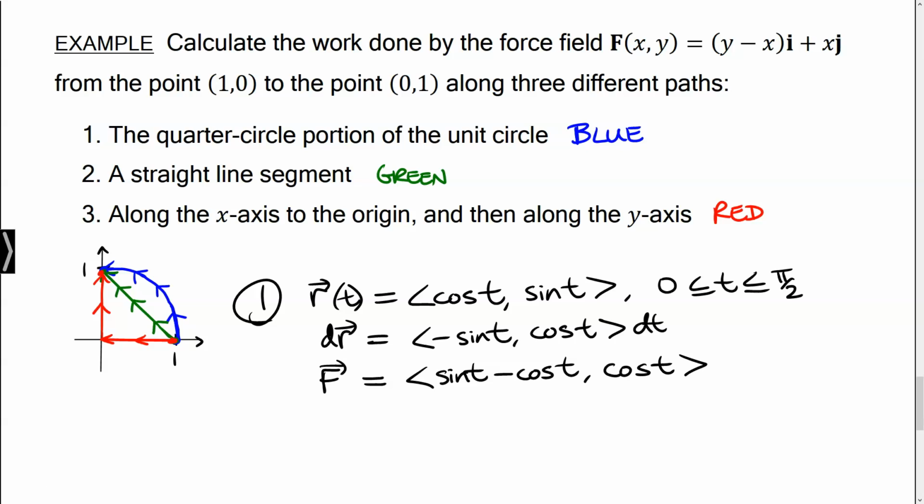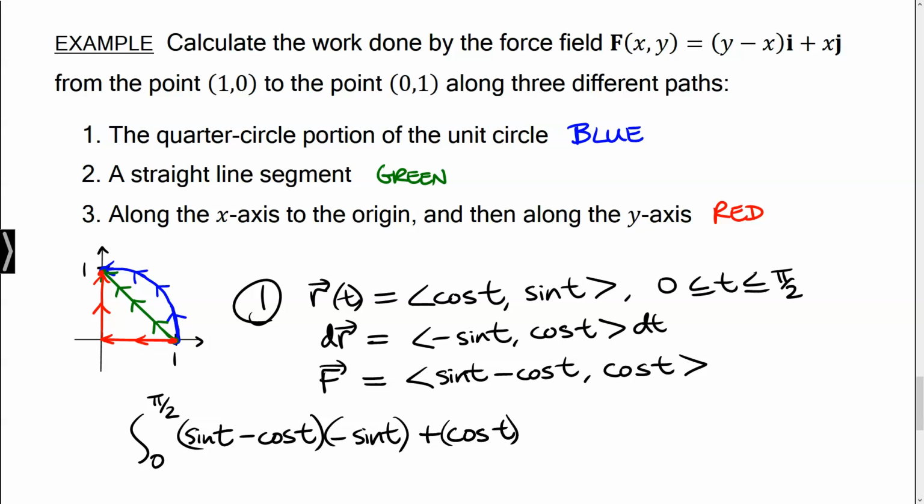So we're integrating f dot dr from 0 to pi over 2. Let's see what we get. We've got a sine minus cosine times a minus sine, and then we add to that cosine times cosine, and it's all of this dt.